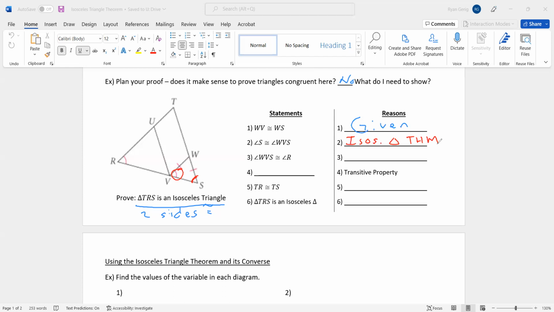I have two sides congruent, so I can conclude that the angles across from them are congruent. Angle WVS is congruent to angle R. How do I know that those are congruent? That was given, and it was in the picture at the beginning.